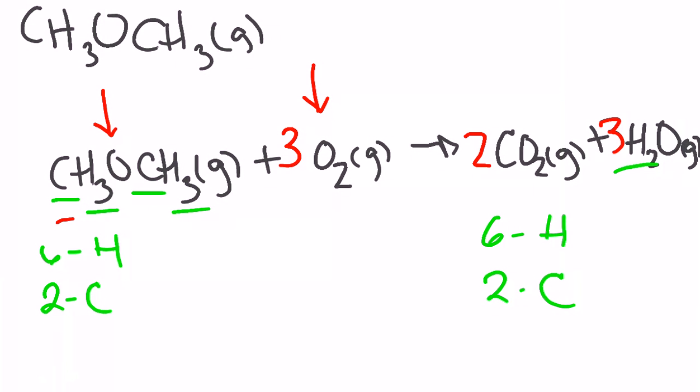On the left-hand side, we have 1 and then 6, so we have 7 oxygens. And on the right-hand side, that's 4 and 3, so we have 7 oxygens. So we have a completely balanced equation now. I hope that this video helps people balance equations and come up with strategies to start balancing them a little bit better.